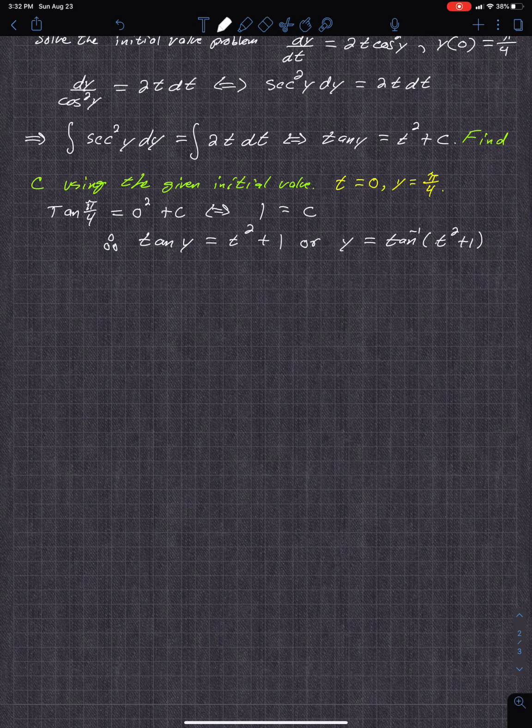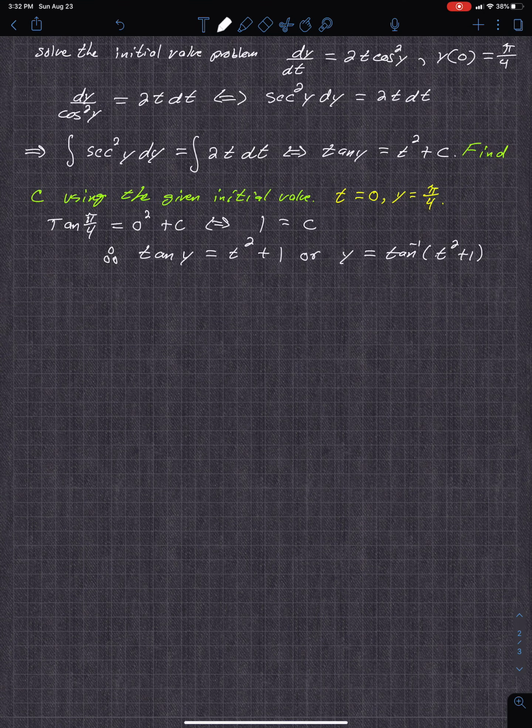That's your solution, and so that's the basic technique. This is kind of the simplest case so far as we develop these, and you'll see these as you do more examples through the book.